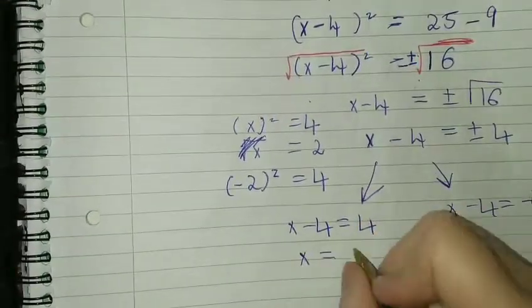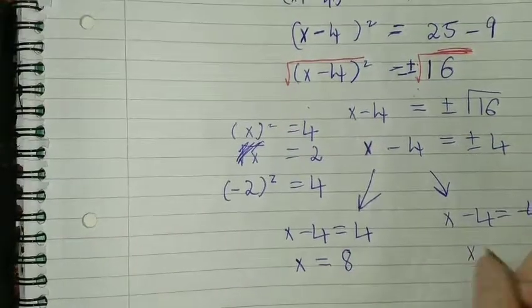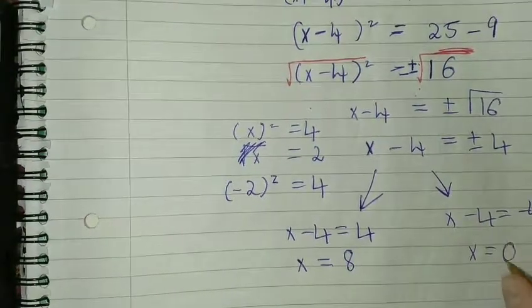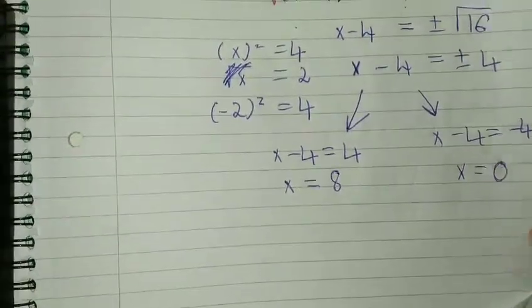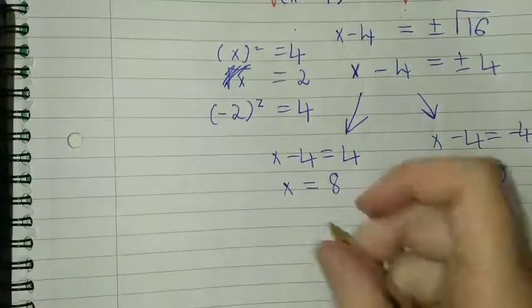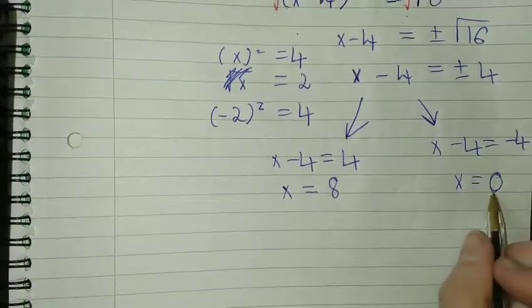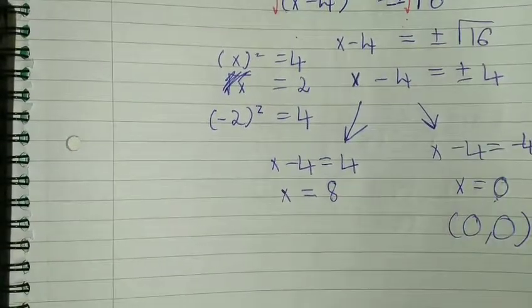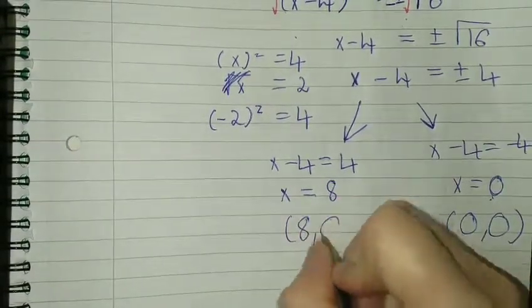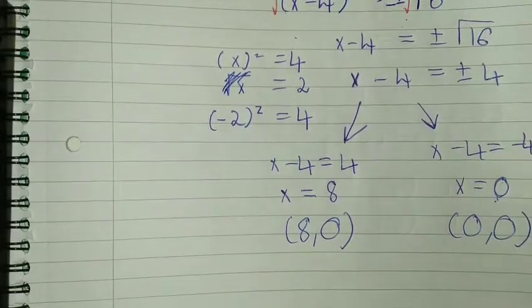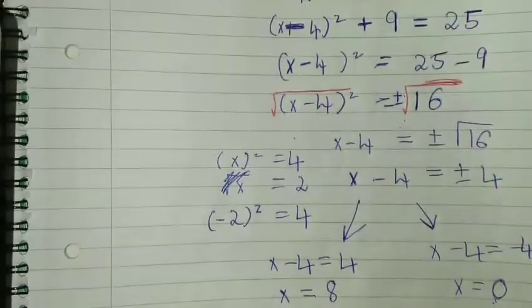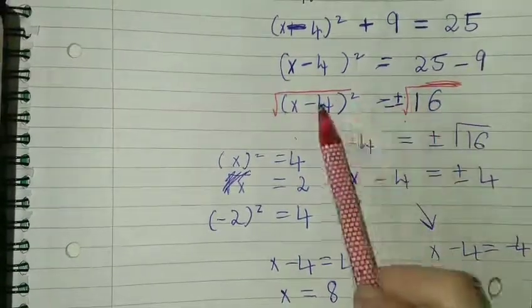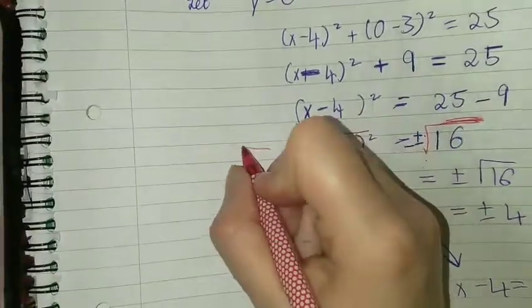So x is equal to 4 plus 4, which is 8, and x is equal to minus 4 plus 4, which is 0. So 0, 0, we know it goes through the origin, so that's already there. So the point P is going to be 8, 0 because it's crossing the x-axis, so y is going to be 0.